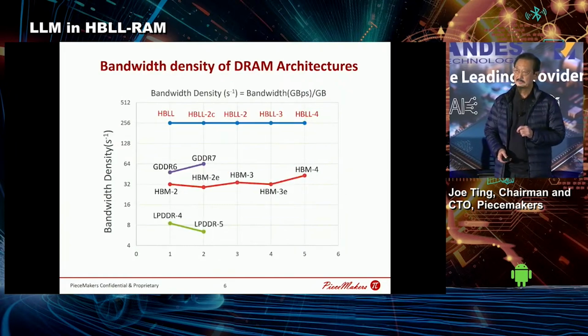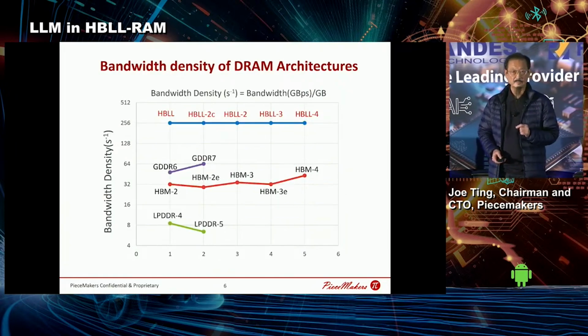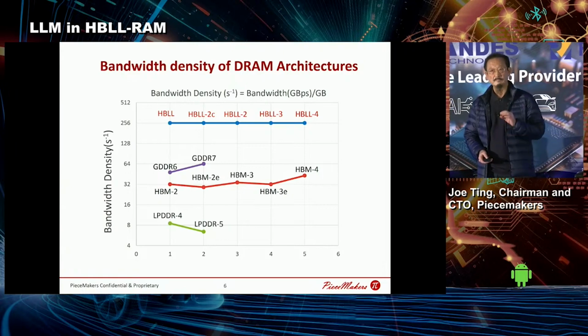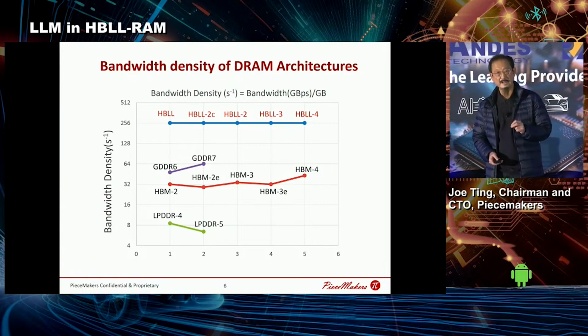The reason comes from this index, the bandwidth density, which is defined as the maximum bandwidth that can be provided with a unit density array.